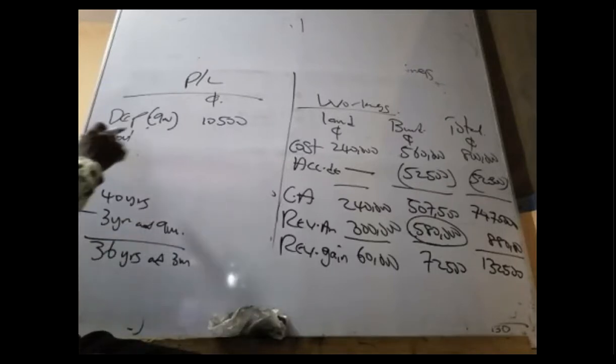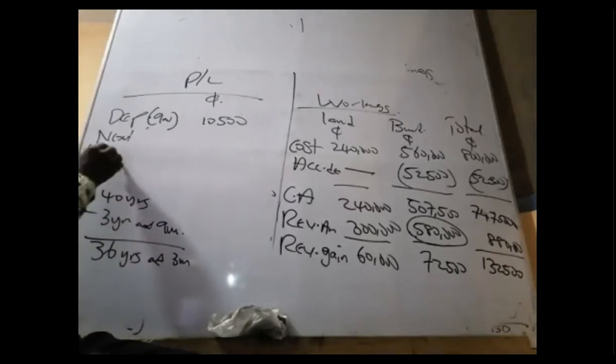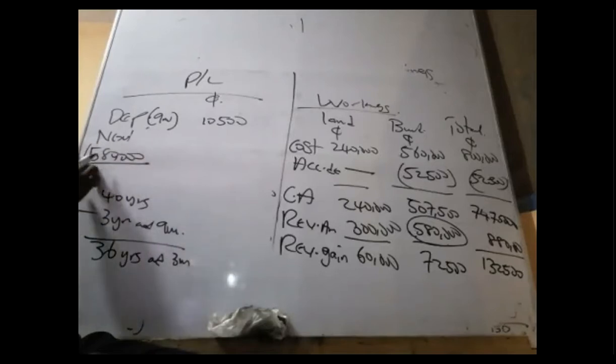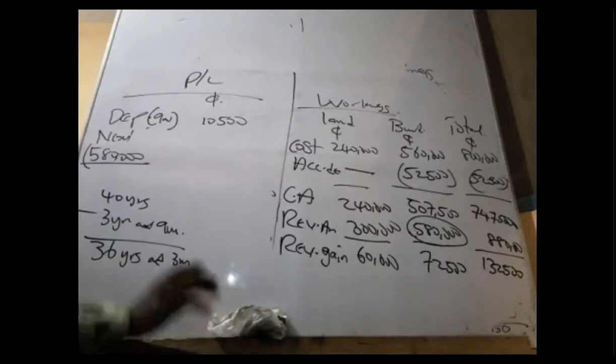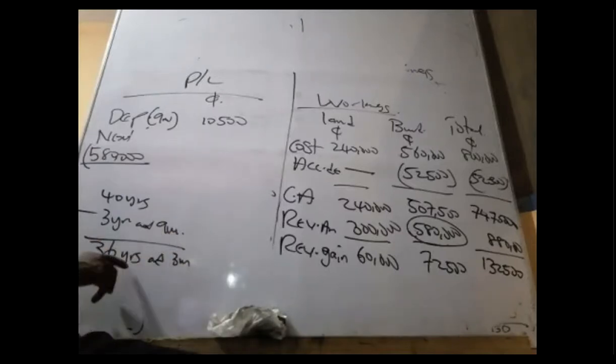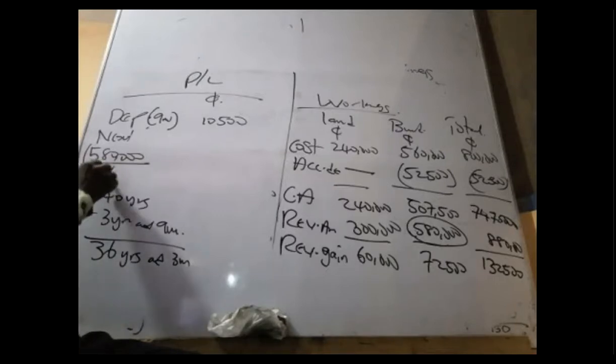So therefore, the depreciation will be like this. Just bring the 580,000, all divided by 36 years, 3 months. In fact, you can convert all of them into months, or you can also maintain it and convert to decimal. Because if you write something like 36 and 3 out of 12, it should be like a trouble if you're calculating it.